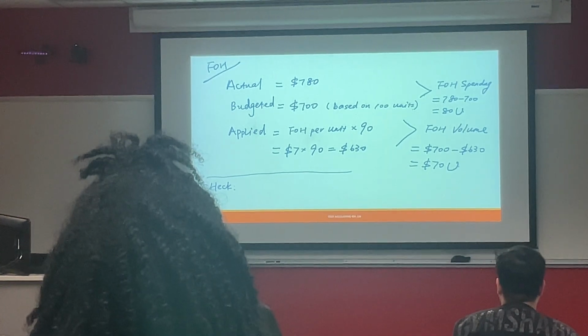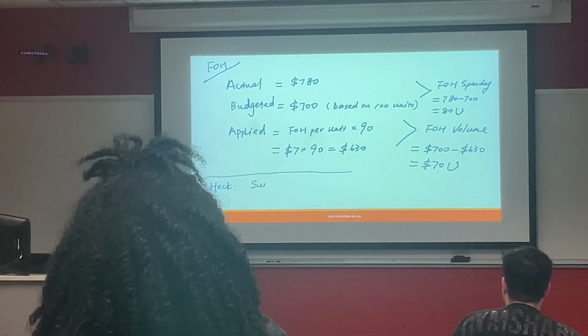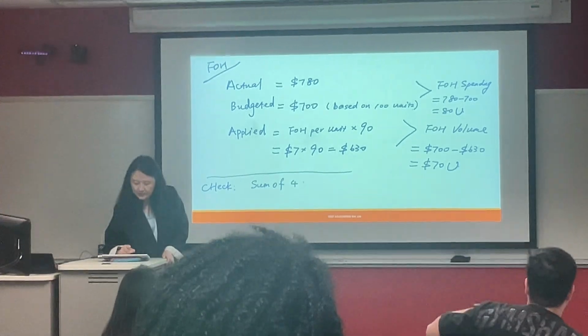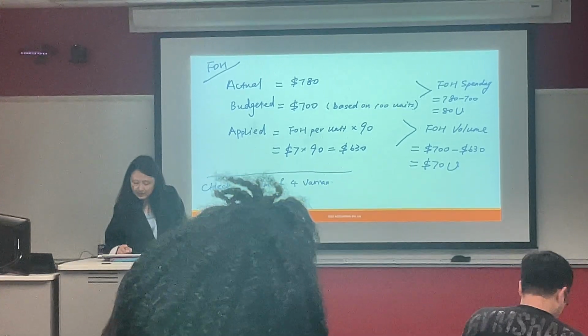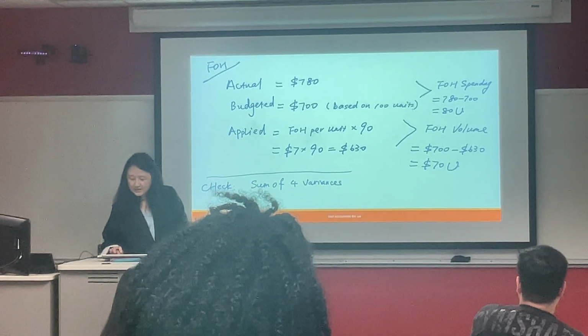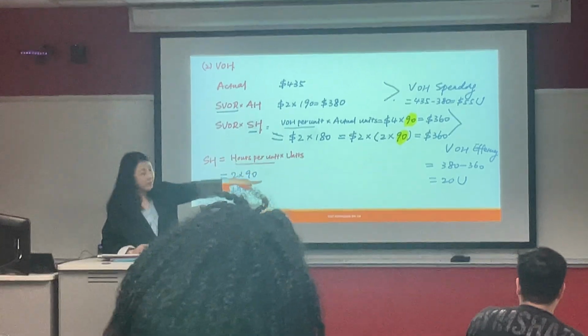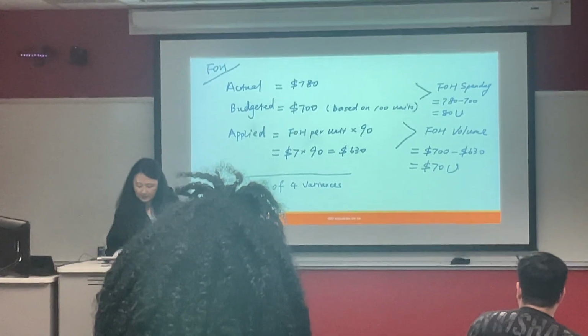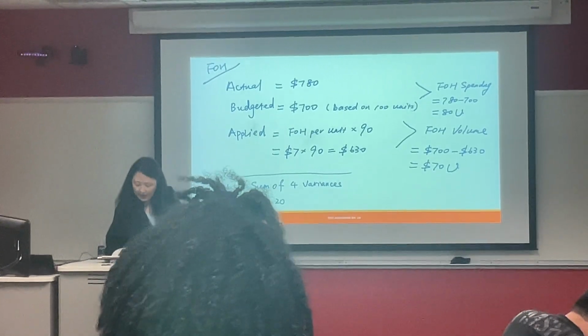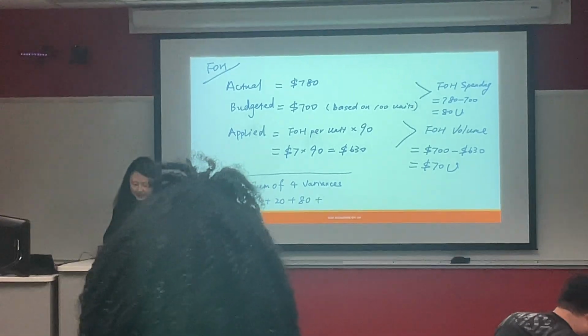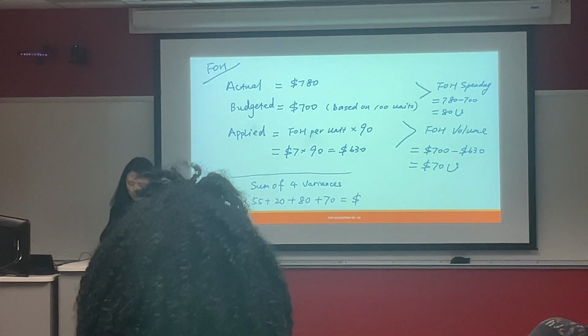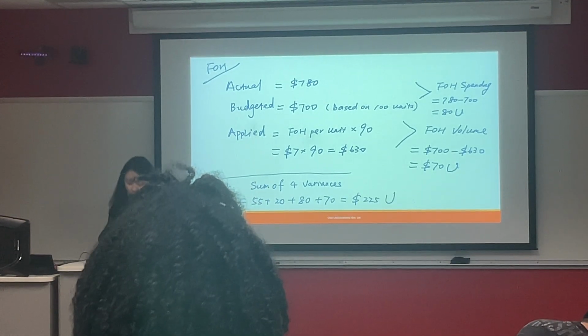I want to check, that's important. So the sum of the 4 variances. Over here we have 55, 20, both unfavorable, and over here is 80 and 70, that equals 225 unfavorable, check.